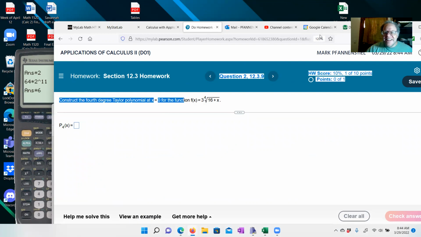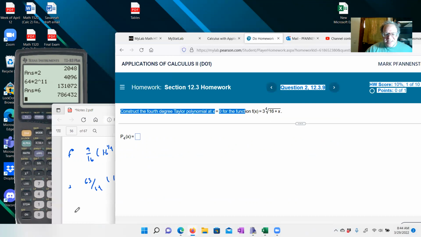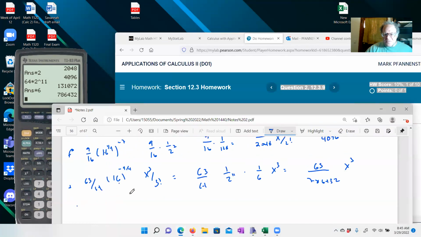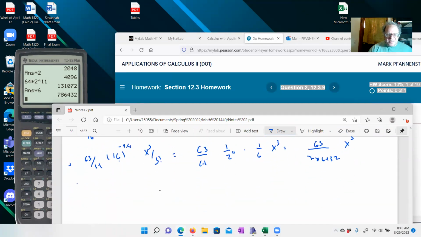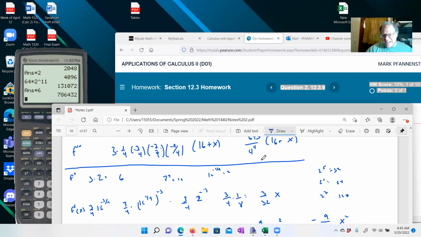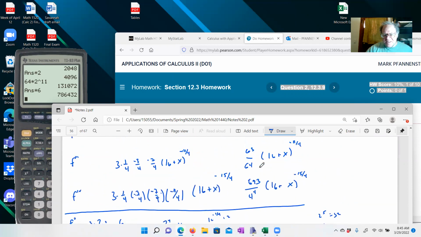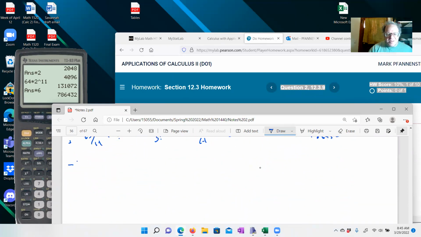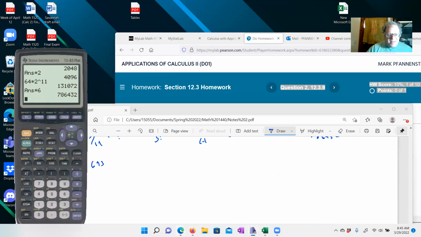All right, so let's see. My last one here, for the 4th power. So it's going to be minus, because that's what we have, the minus in here. So it's going to be 693 over 4 to the 4th power.